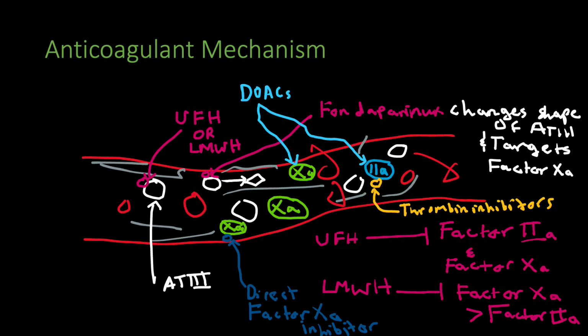But in this case, you also see factor 10A and factor 2A. DOACs target both the factor 10A and the factor 2A proteins in the blood. Unlike the unfractionated heparin that targets the AT3, the DOACs just target directly the factor 10A and factor 2A.